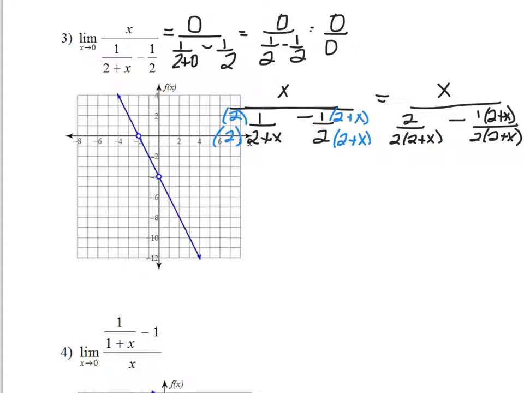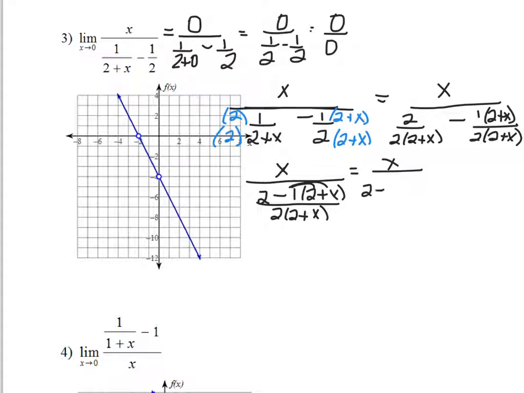So now that I have a common denominator on the bottom, I could write it as one fraction. All right, I can distribute this negative 1. I can simplify.